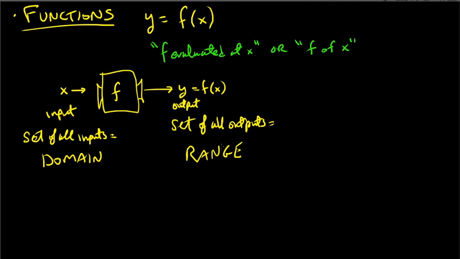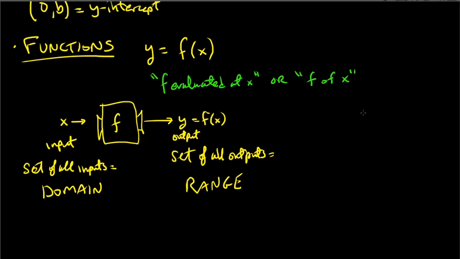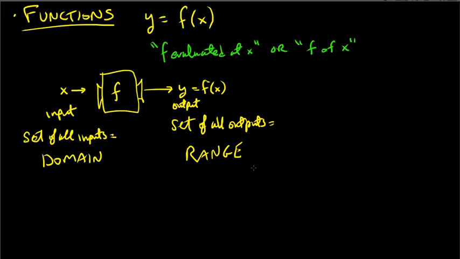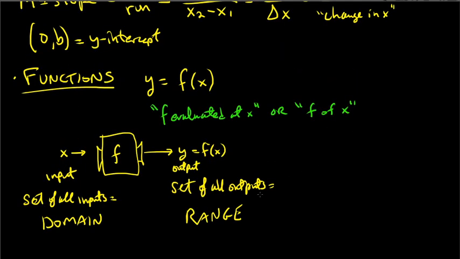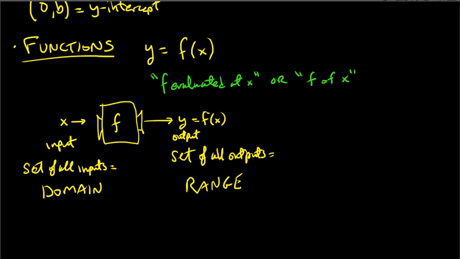The issue is that you can have numbers y that are not formed from x, that are not outputs with x, but nonetheless you can still consider them to be in the range. So let's not worry about that. That's not going to be a big issue going forward. The set of all outputs is a pretty poor definition of range, but for our purposes, it's not going to get us into trouble here.